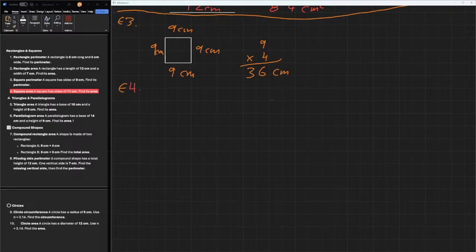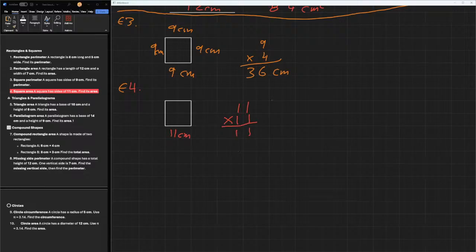Question 4. A square has sides of 11 centimeters. Find its area. So imagine this scenario. Again, let's add it just for the sake of it. So this one is 11 times the height.